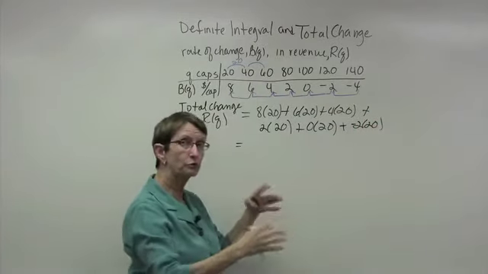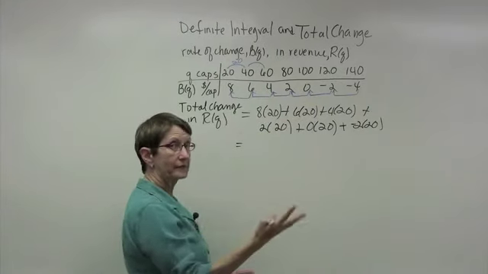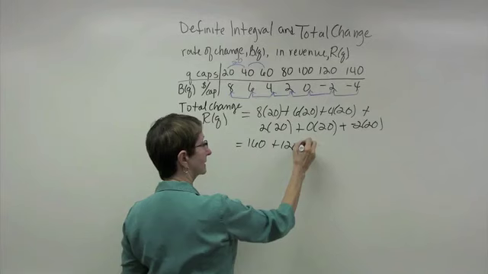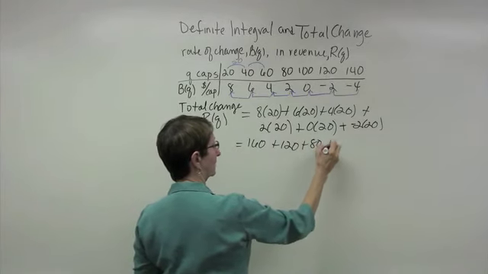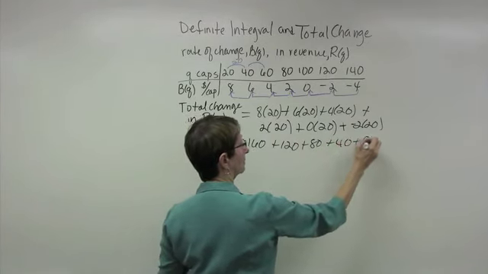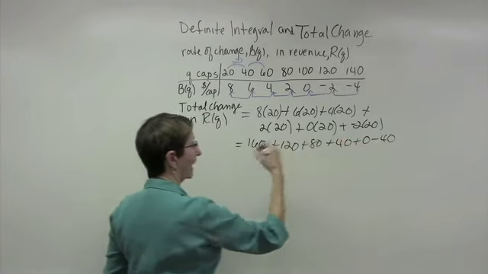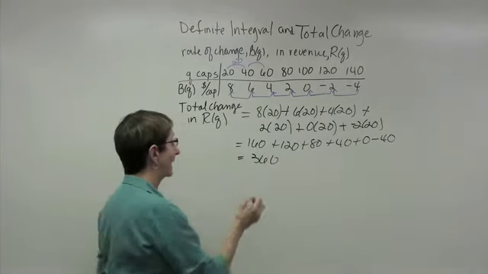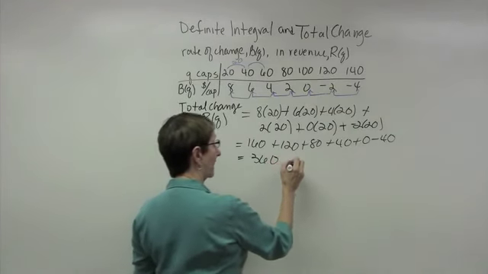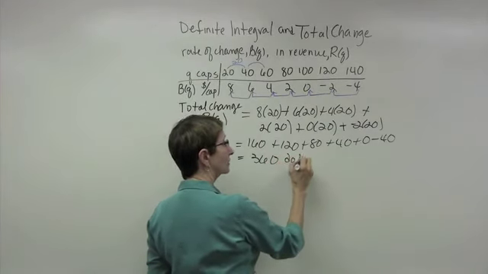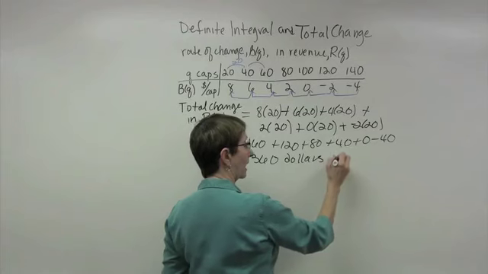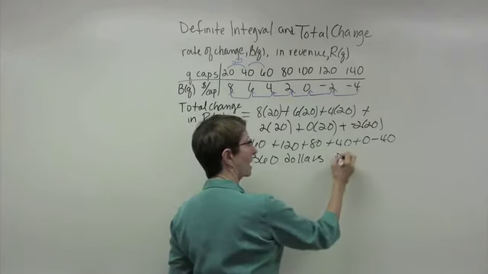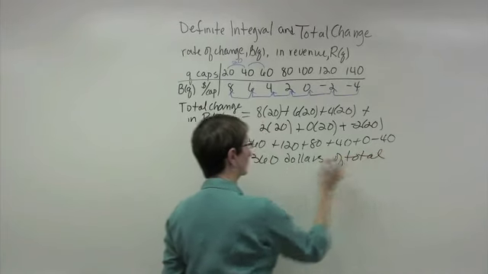So the total change is the sum of all these numbers. So I have 160 and 120 and 80 and 40 and 0 and minus 40. Add all those up, we end up with 360, and that is in dollars of total change of revenue.